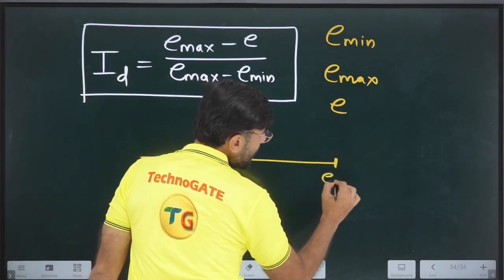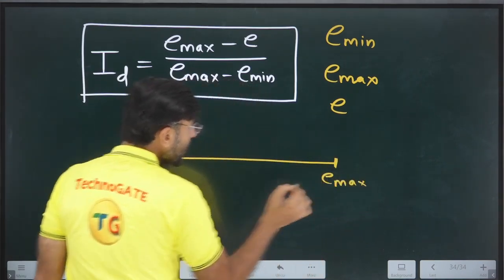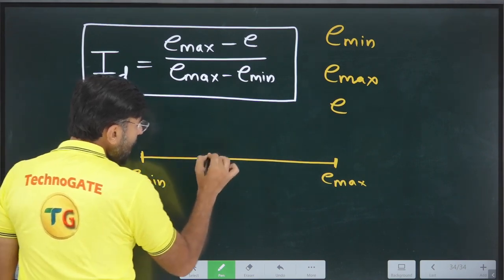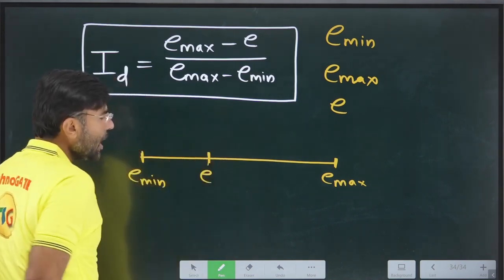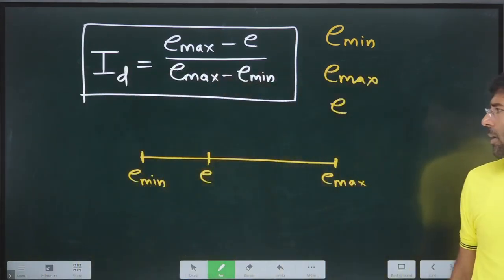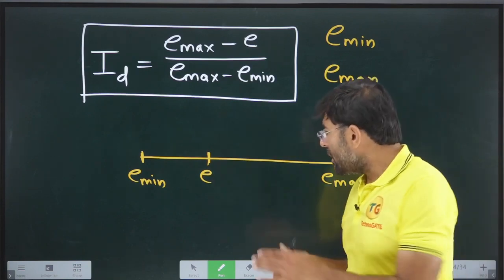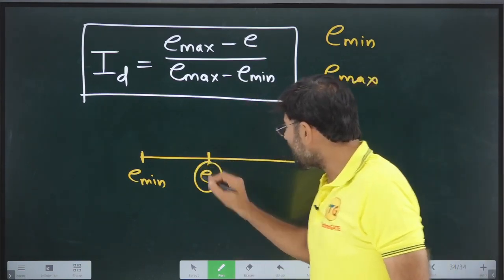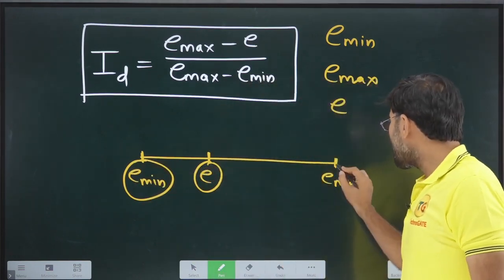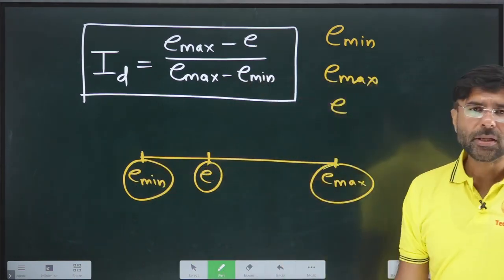Somewhere here I'll be having E maximum for that soil. Somewhere here I'll be having E minimum for that soil, and somewhere in between I will be having the void ratio of the soil under natural condition. So this is the void ratio under natural condition, this is the void ratio under densest condition, and this is the void ratio under the loosest condition.